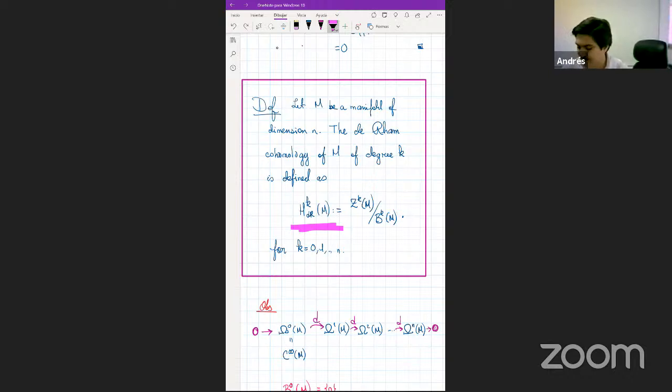And so it's just some information about the topology of M. That's basically what by now we should understand about cohomology. Okay? It is something more general than that, what this word stands for, but for the time being, it's just keeping topological information of the manifold.